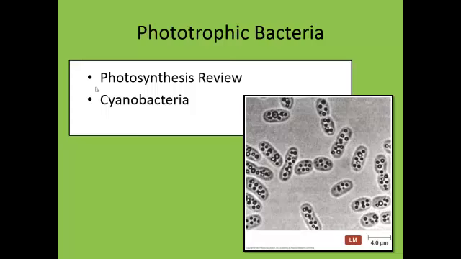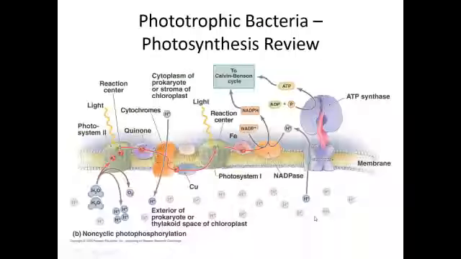We're going to review photosynthesis, at least the light-dependent reactions, and then we're going to talk about cyanobacteria in some detail. You may recognize this diagram from when we discussed anabolic reactions, but let's go over it.